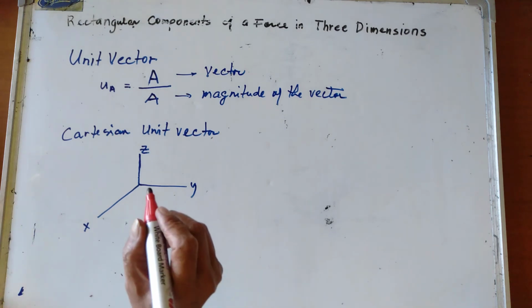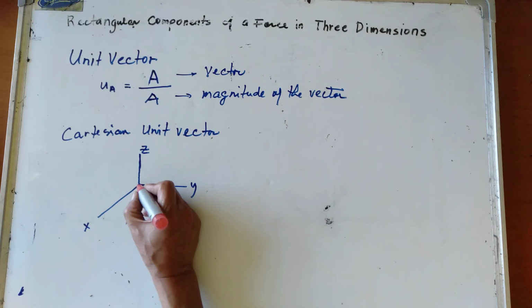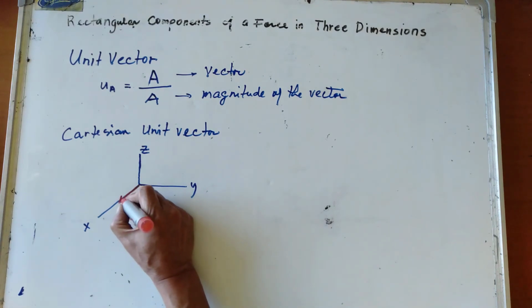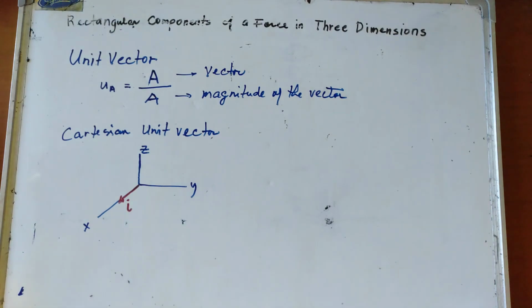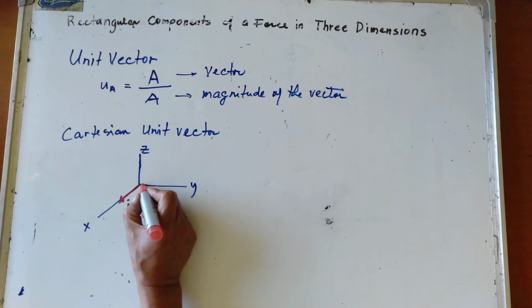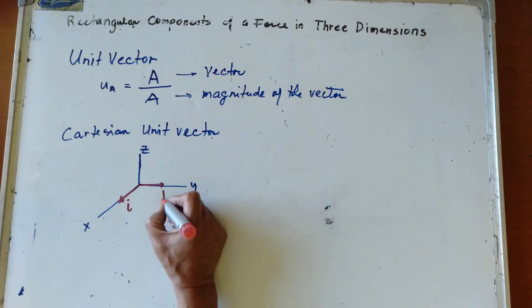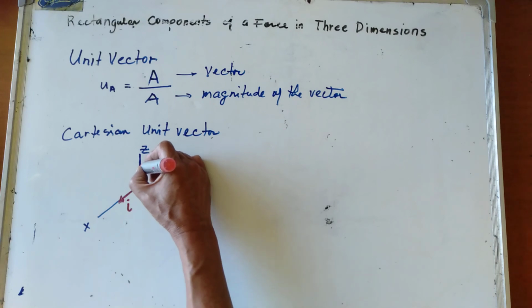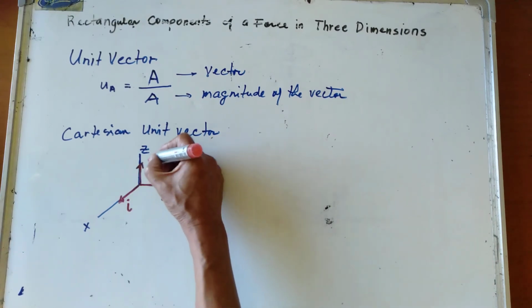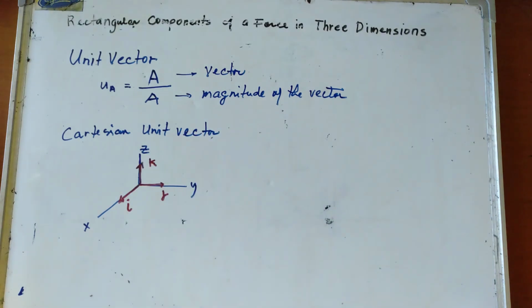The unit vector corresponding to the x-axis is i, the unit vector corresponding to the y-axis is j, and the unit vector corresponding to the z-axis is k. Take note that these unit vectors are directed in the positive direction of the coordinate axes.